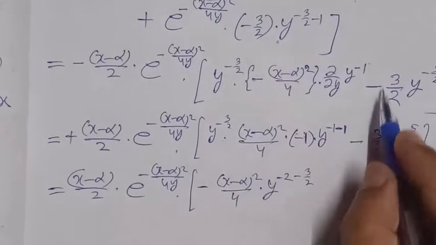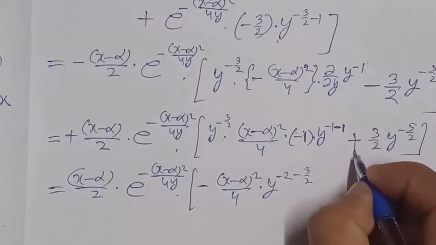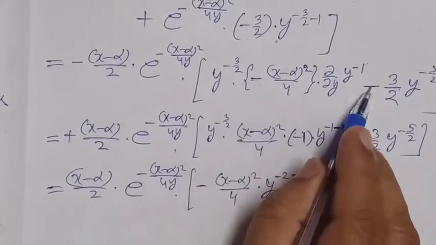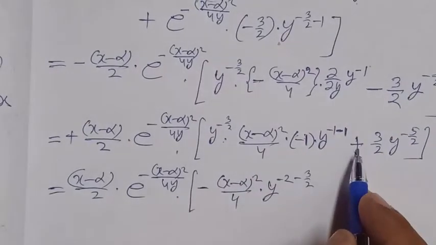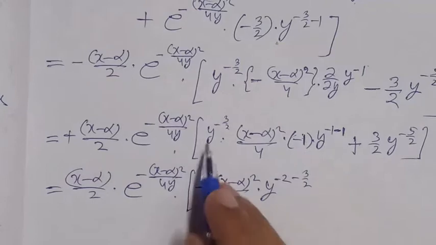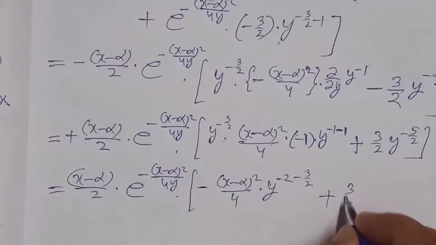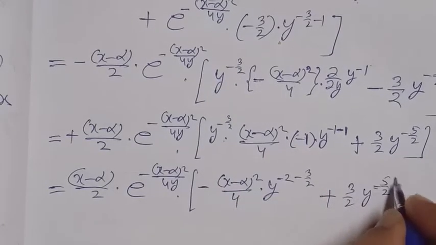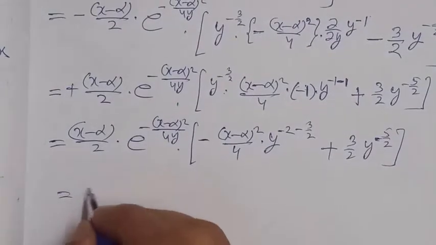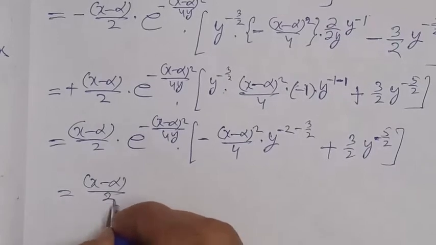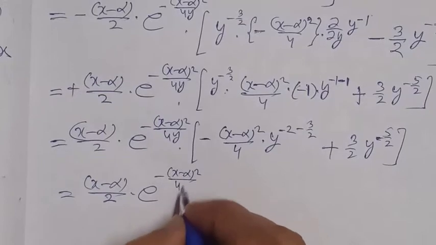I have made a mistake, so I correct it here: because I take out this minus 2 here, this becomes positive and it also becomes positive, and this minus sign converts to minus, and this sign is positive, plus 3 by 2 y to the power minus 5 by 2. We can write it as x minus alpha upon 2 e to the power minus x minus alpha whole square upon 4y. There is no change.